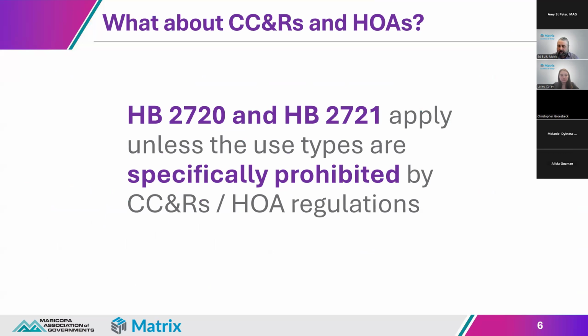So many communities in the valley do have HOAs, or there's private standards, CC&Rs or agreements or restrictions that might be on the property that are more specific and related to uses. If those regulations, those private regulations exist, then they can prevent ADUs or these missing middle housing types.